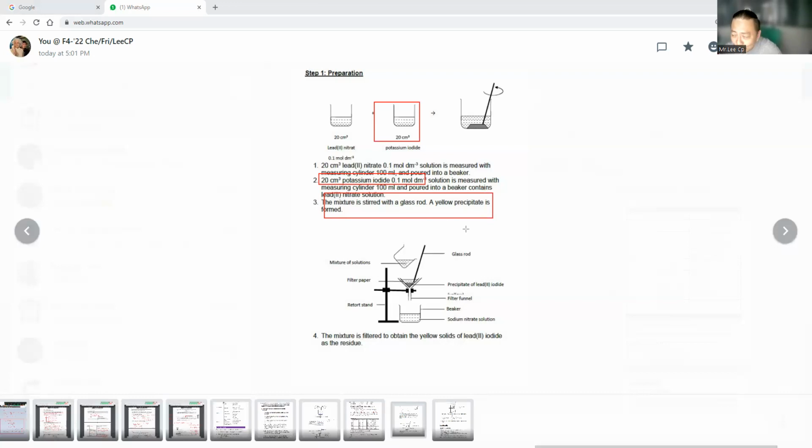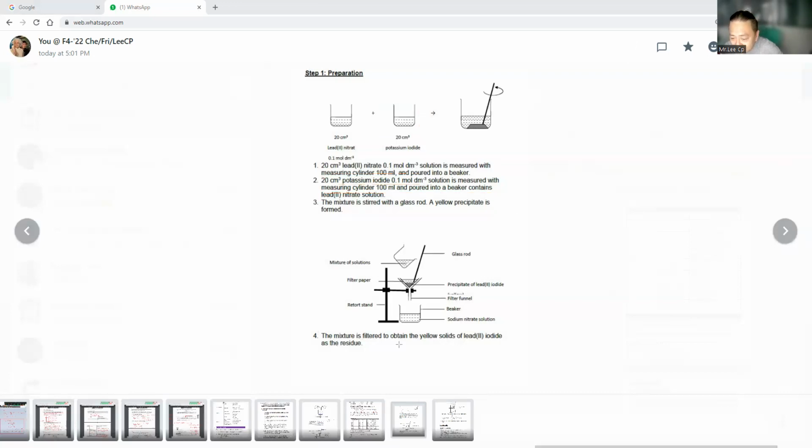If you know the color, you write it. If you don't know, just write a precipitate is formed. If you don't know whether it is purple, yellow, blue, whatever, don't write it. If you are very sure, then you write it. Yellow precipitate is formed there.